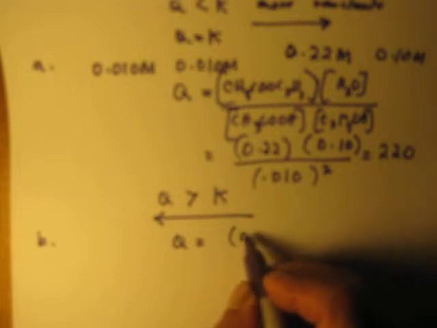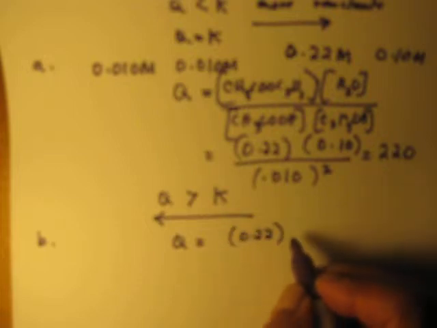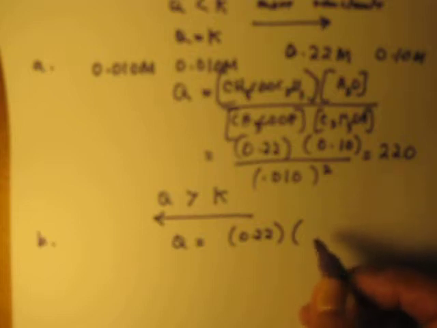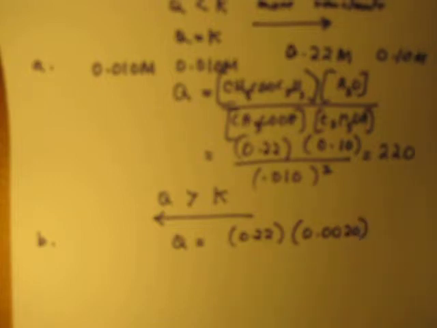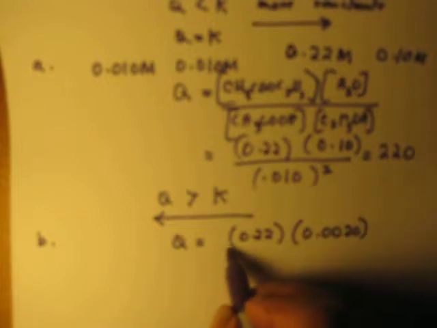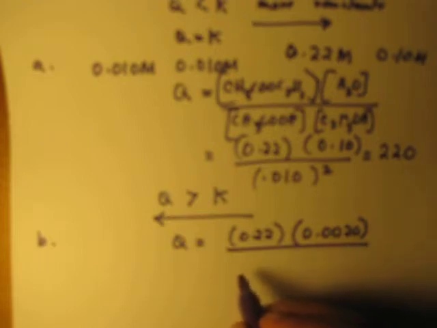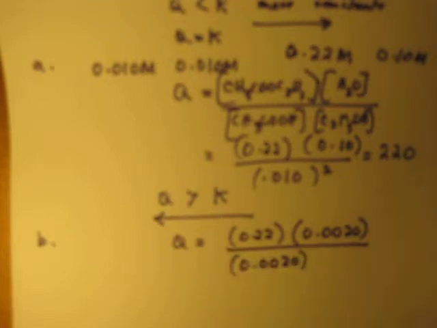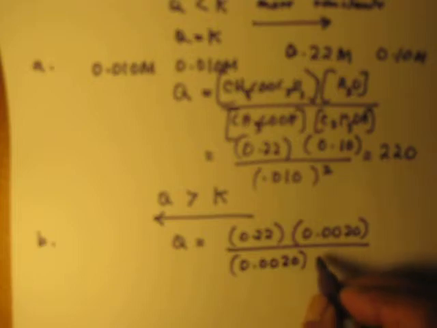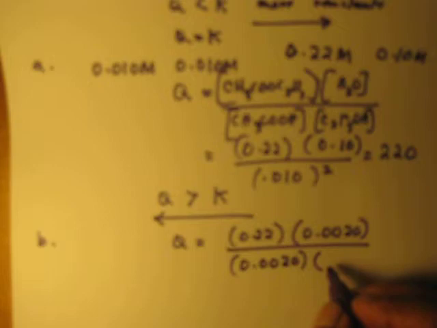0.22 times 0.0020, that's B's H2O, over 0.0020, that's your acetic acid, and ethanol is 0.10.